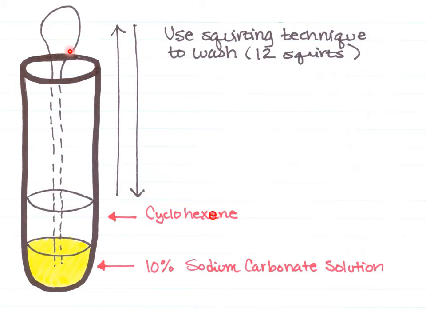And of course here you can see the squirting technique again. Put your pipette down, grab your sodium carbonate and raise it up and then squirt down to make sure your cyclohexane layer gets washed. And of course it's cyclohexane, right? And then you should take about 12 squirts of this to wash it thoroughly.